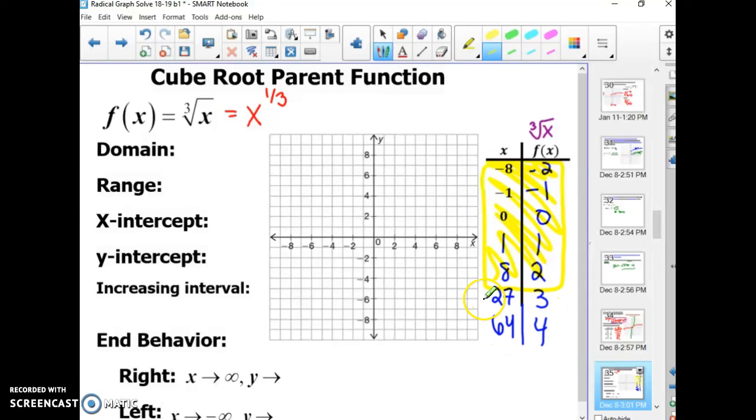On the flip side, -27 would give you a -3, and -64 would give you a -4. So we're going to plot those points: -8, -2; -1, -1; 0, 0; 1, 1; 8, 2. So I'm going to curve one side up and one side down. I'm going to give you 15 seconds to get that.